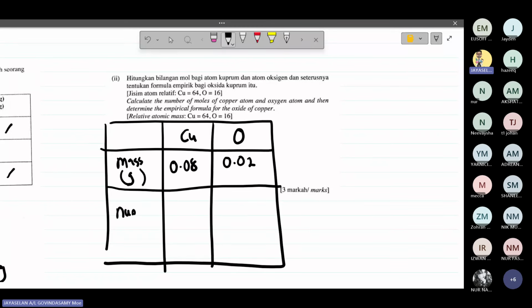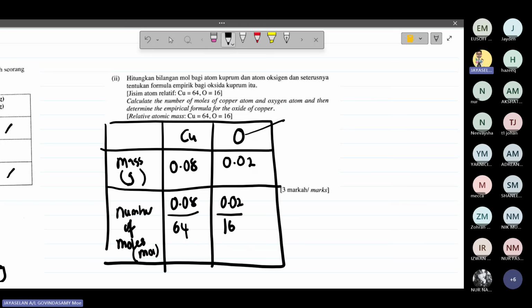Then I try to find the number of moles. Okay, number of mole unit saya letak sini. Number of mole 0.08 divide with molar mass which is 64. So I put 64. 0.02 divide with molar mass of oxygen 16. Sini you letak atom kan. So 16 sahaja. Jangan ambil 32, eh. Okay, you take the calculator, find the answer. So I do lah. Besok you all do, ah.